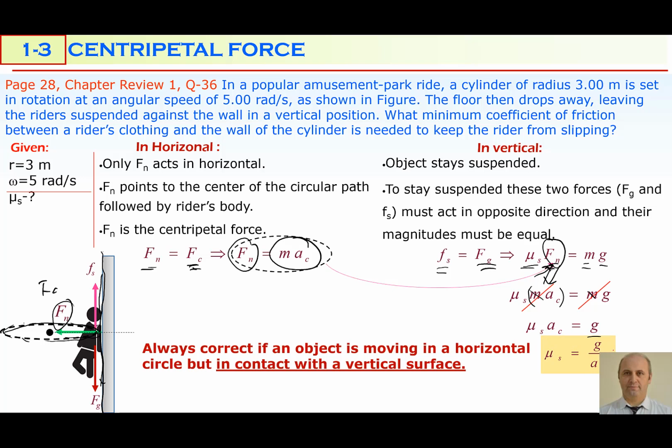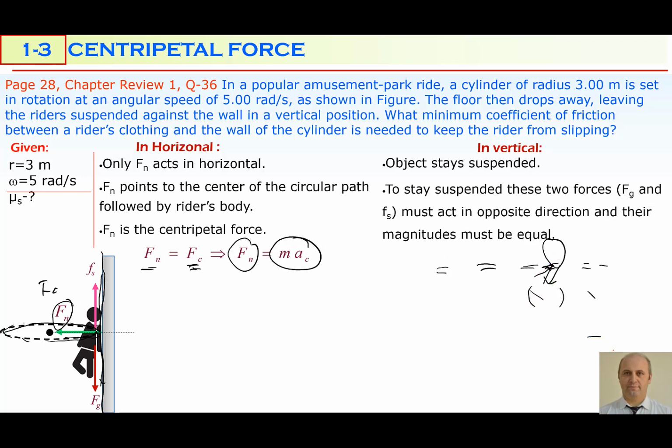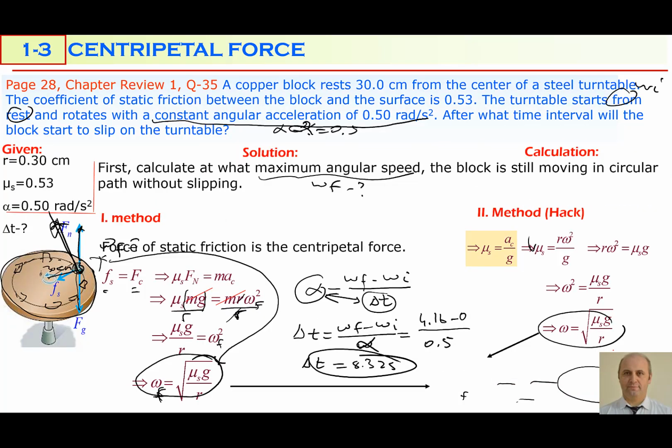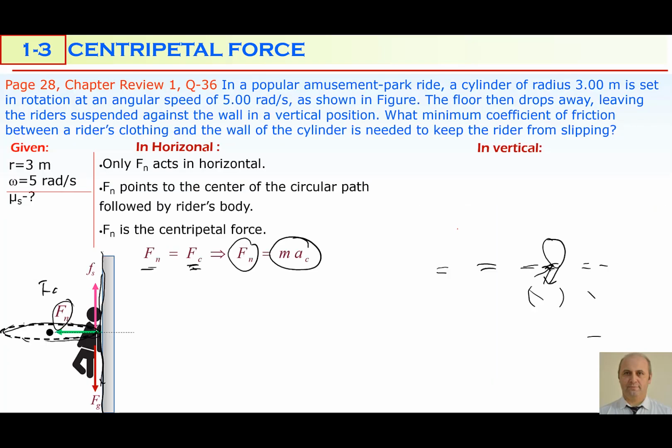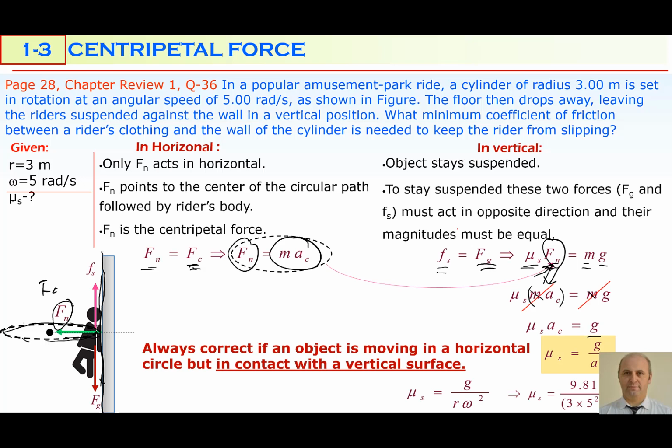This is the opposite of the first case, horizontal. In this question, when the surface is horizontal and the circle is horizontal, μs would be calculated as centripetal acceleration divided by free fall acceleration. But when the surface becomes vertical and the circle is horizontal, μs becomes free fall acceleration divided by centripetal acceleration.